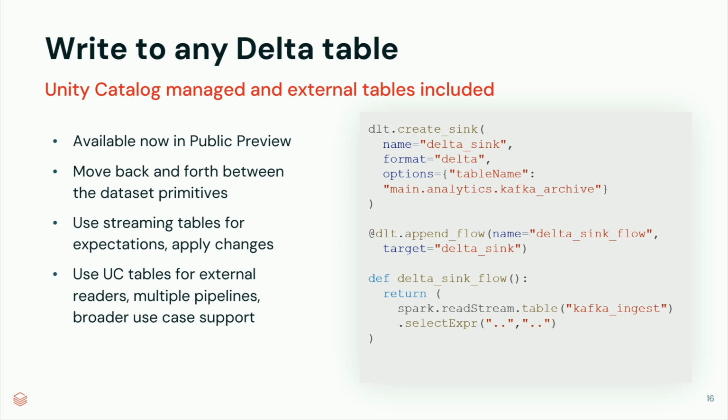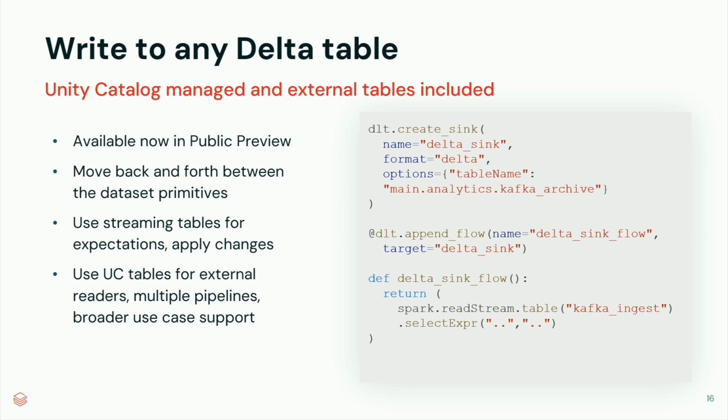The DLT Sync API allows you, depending on how you've set up your data platform within your organization, to manage the schema and catalog outside of DLT, if you want. If you want to do some things in streaming tables and some things using Delta managed tables, you can. The great thing here is you can go back and forth too.